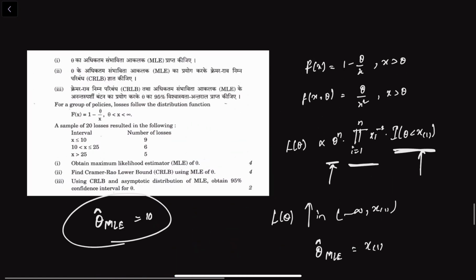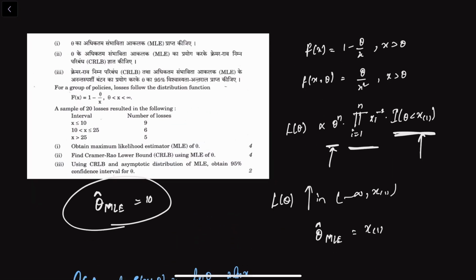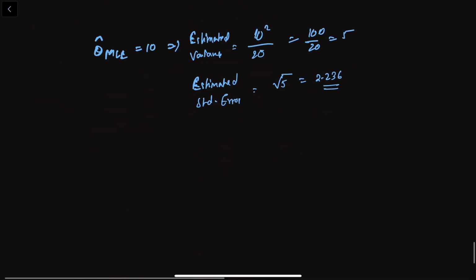Now the third part: we have to find the asymptotic distribution of this maximum likelihood estimator, and we also have to obtain the 95% confidence interval for this theta. For a large n, asymptotically, this MLE is approximately normal.